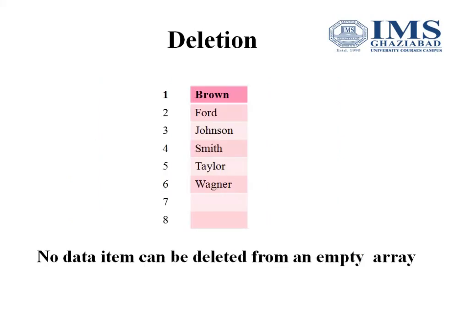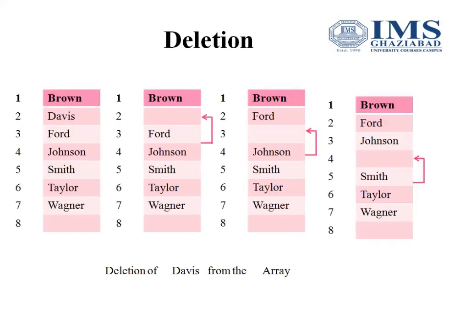No data item can be deleted from an empty array. You can delete only when there are some data items present in the array. If there is no item present, you can't delete any data item.